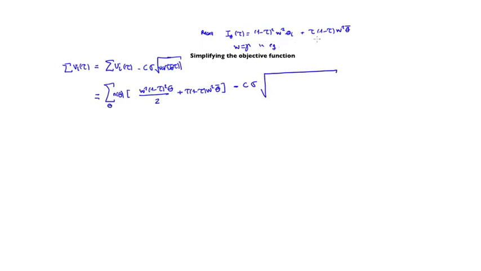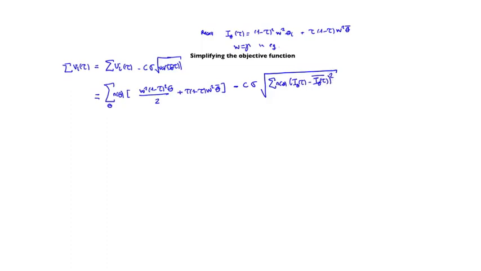Let's substitute what the variance of I theta is. That is just basically the sum over n theta of I theta of tau minus the mean, all of this squared.